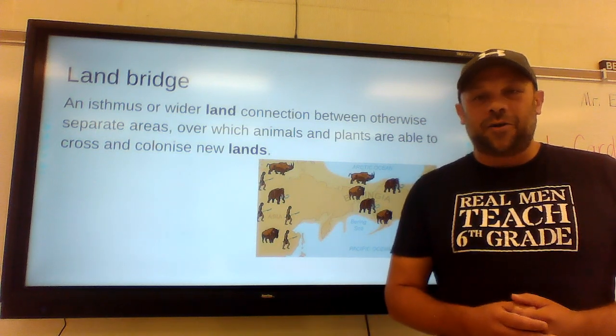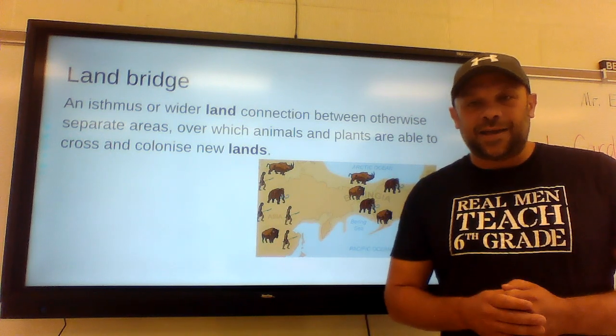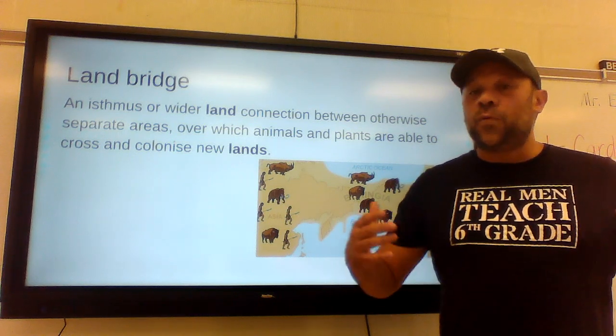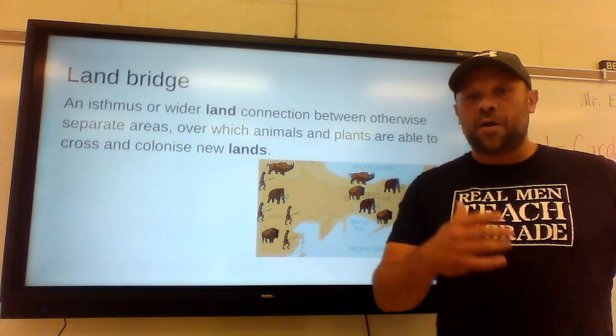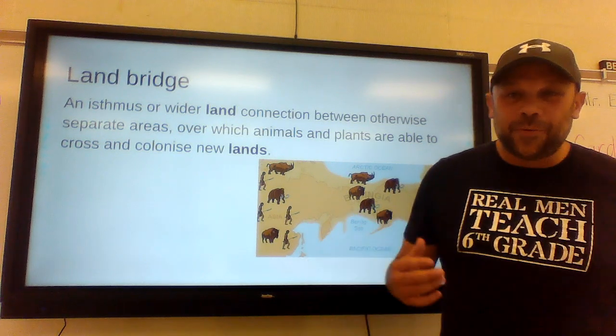That land bridge is called the Bering Land Bridge, and it's now where the Bering Strait is, which separates Alaska and Asia. Okay, so that's the land bridge theory. It's one theory about how people moved from Asia into what is now North America. All right, here we go. We're going to move forward.